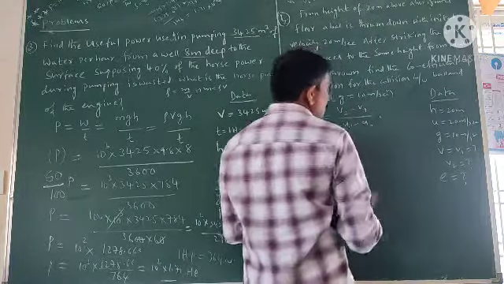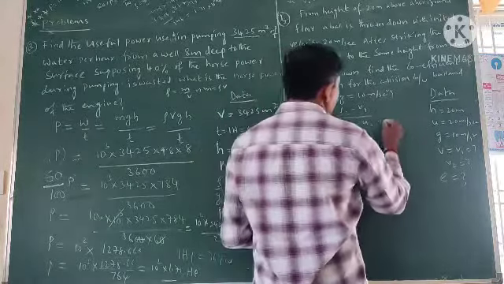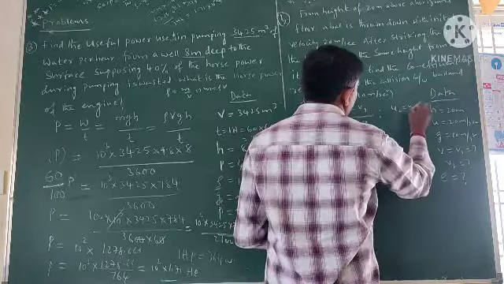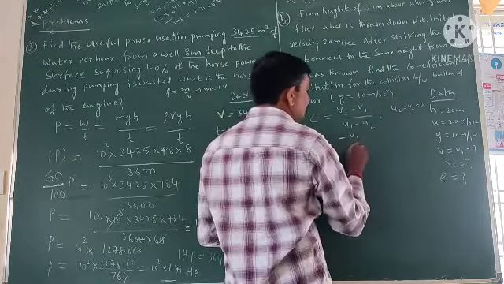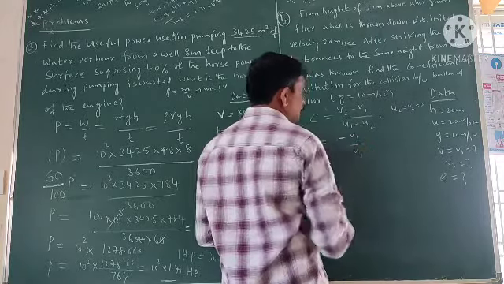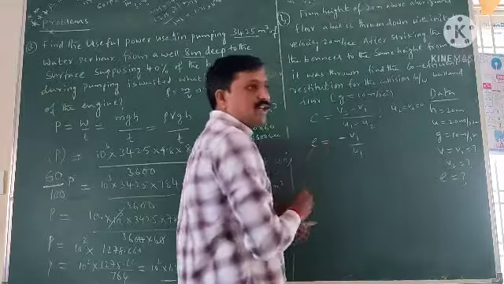The floor is at rest before and after collision, so U2 is equal to V2 is equal to 0. So E is equal to minus V1 by U1.